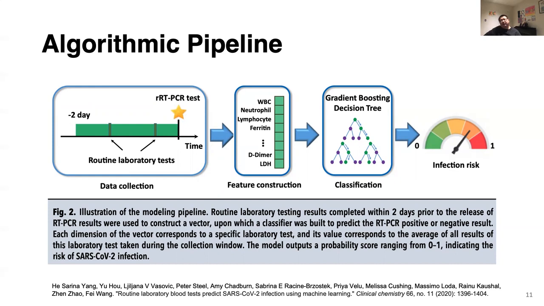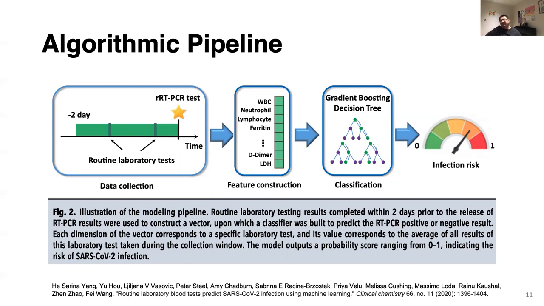Essentially, we are collecting the routine blood test results of the patient within 2 days before the RT-PCR test, and we construct what you can think of as a high-dimensional vector, where each dimension corresponds to a unique routine blood test, and the value corresponds to a summary statistic, because one routine blood test can be ordered multiple times within the 2-day period.